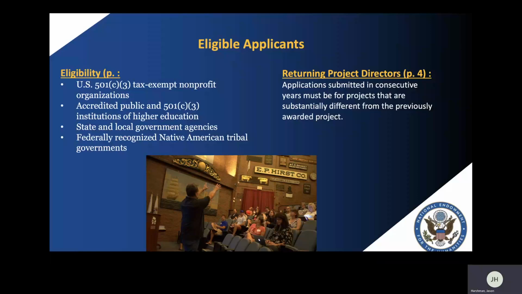As a matter of programmatic policy, NEH will not make awards in the Landmarks program for the same project in consecutive years. Applications submitted in consecutive years must be for projects that are substantially different from the previously awarded project.